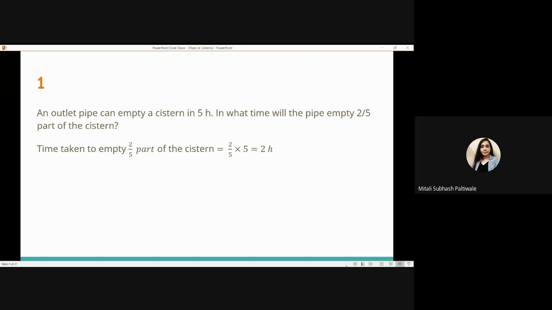That means 5 hours to empty the entire cistern, so this would become 2 by 5 into 5, that is nothing but 2 hours. So just to empty the 2 by 5th part of it, they will take 2 hours.